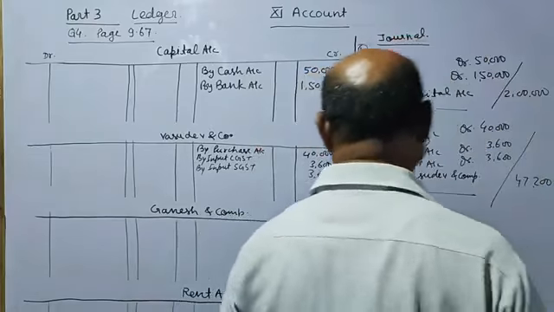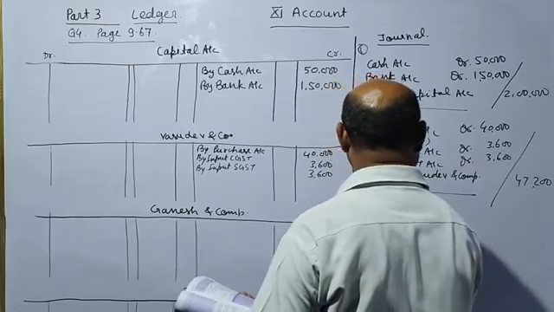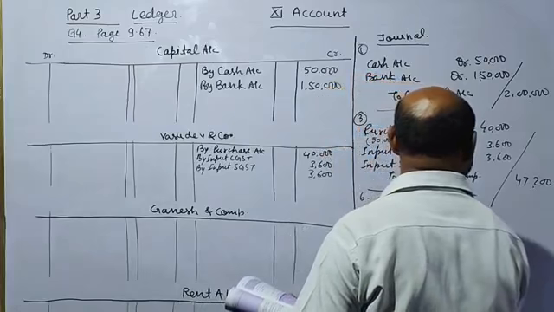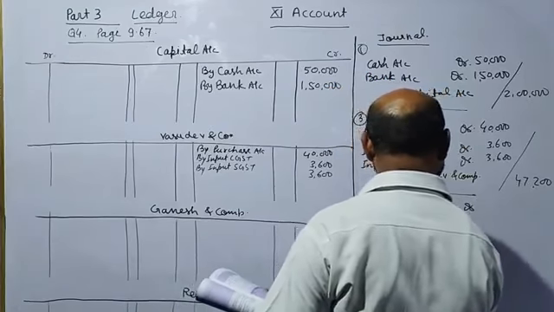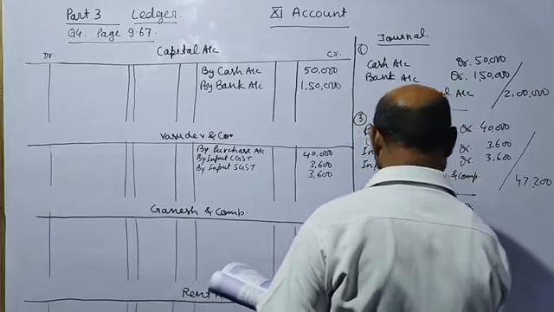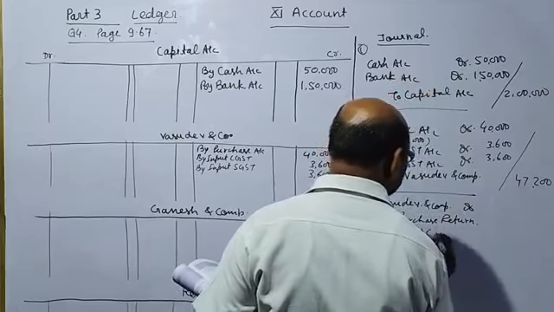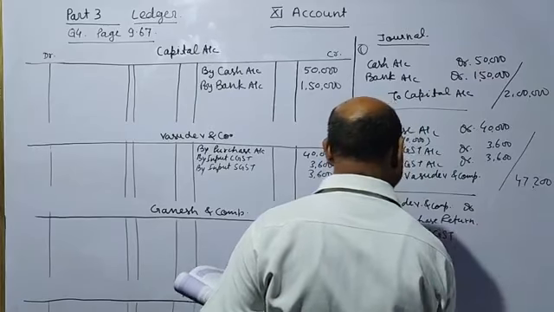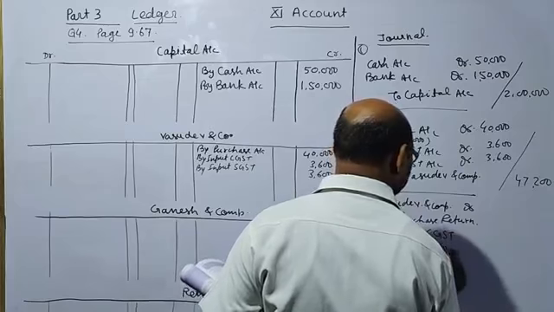So Vasudev and Company debit to purchase return, to input CGST, to input SGST.